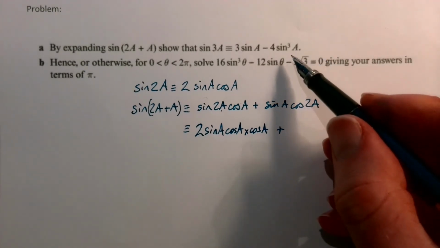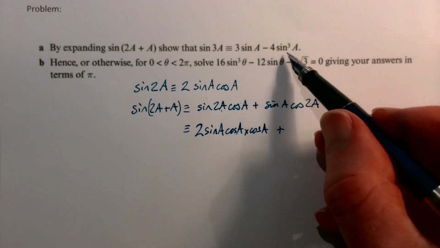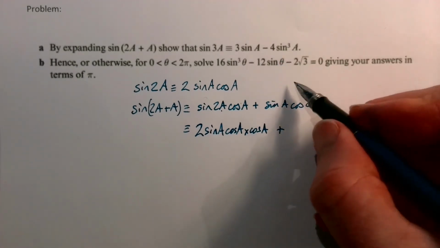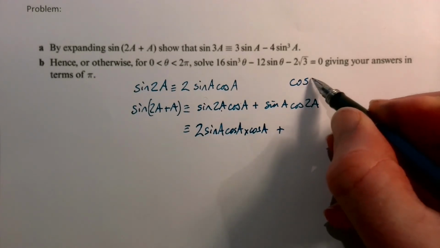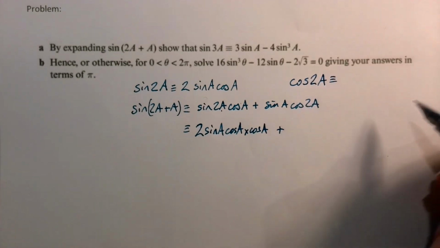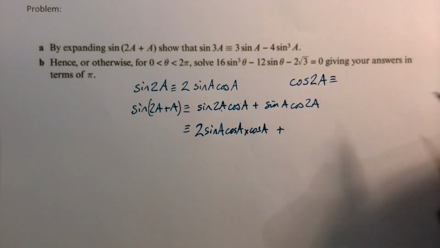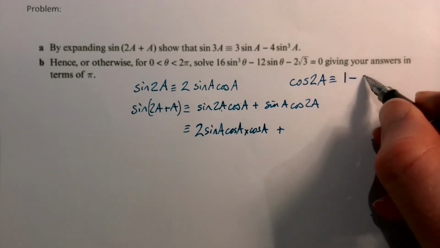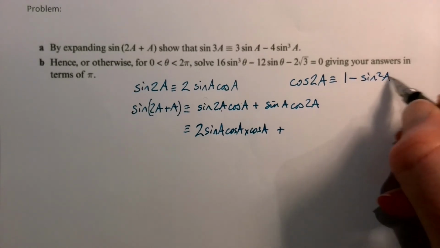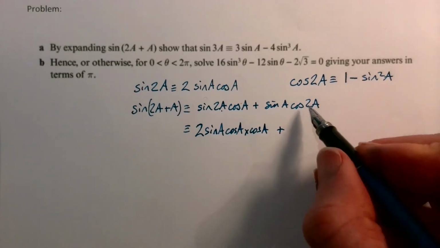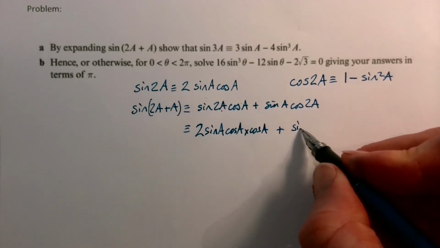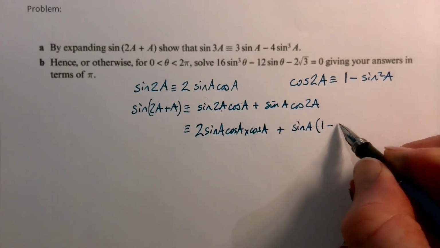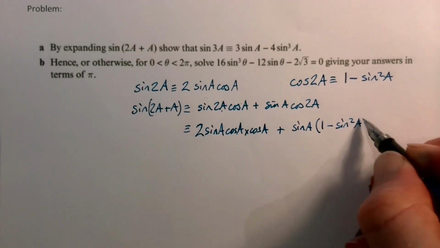Now if looking at what we're trying to make, loads of powers of sine, the cos 2a identity that gets us there is the one where we've worked it around a little bit, and we've got 1 take sine squared a. So I'm going to pop that in instead of cos 2a. So plus sine a times by 1 take sine squared a.